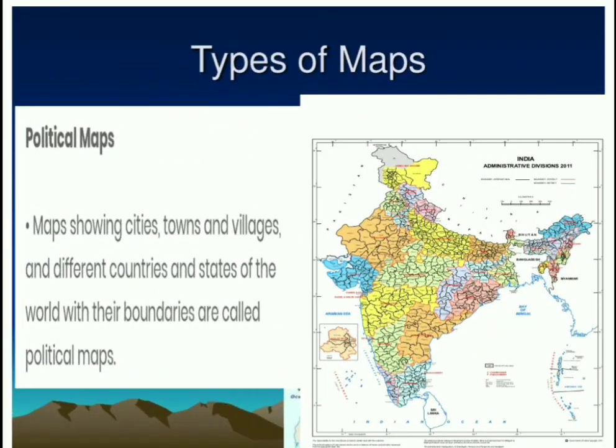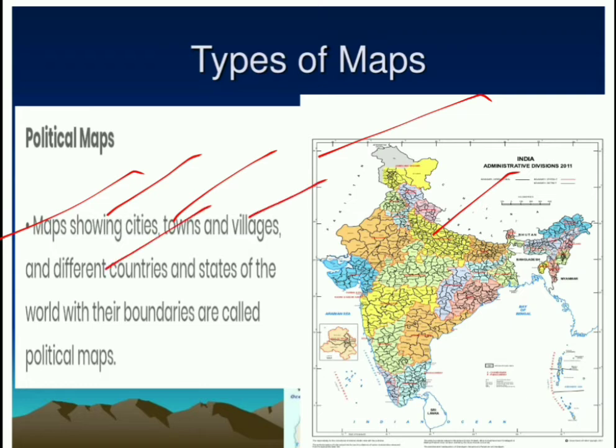Next we go through the second type of map, that is the political map. Just observe the map here. It is the Indian subcontinent map. In the map we have political divisions. The maps showing cities, towns, villages and different countries and states of the world with their boundaries are called political maps.